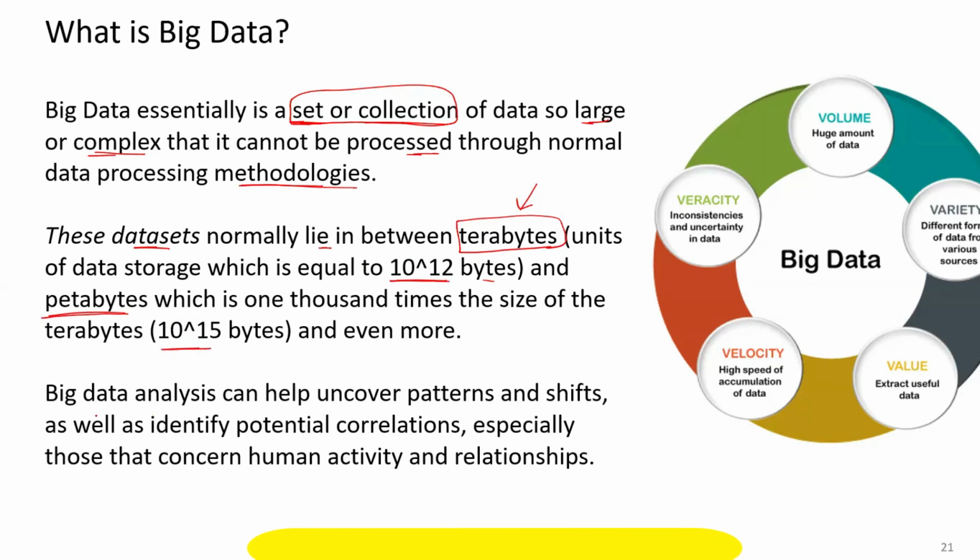Big data analysis can help uncover patterns and shifts, as well as identify potential correlations, especially those that concern human activity and relationships. Big data analysis is becoming more and more common, because we know that there is a lot of contribution of unstructured and semi-structured data, and data is being produced more frequently without a proper structure in place.